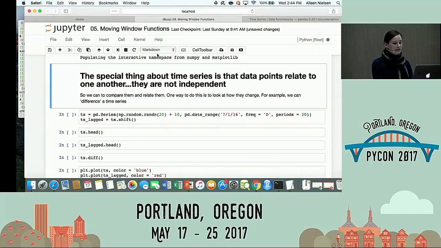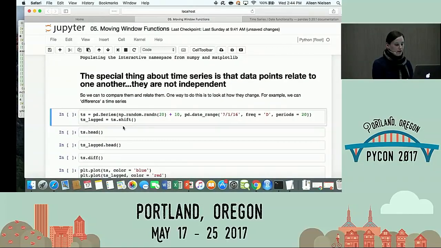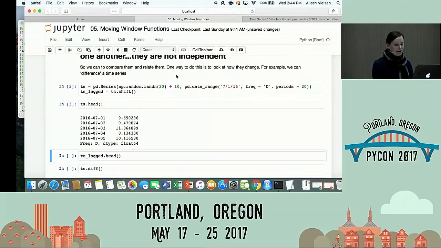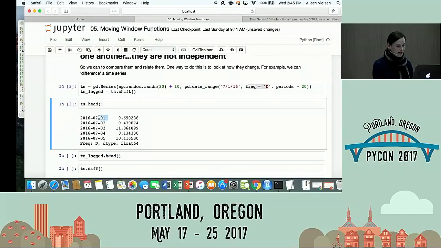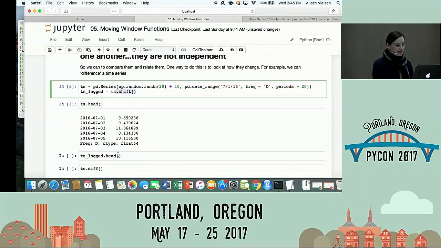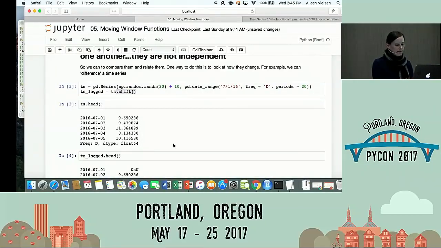First thing we want to do is learn how we can compute a lagged time series. So if we have a time series, we can just do the lag by making it ts.shift. And let's see what happens if we do that. So my first time series I set up as a daily frequency from July 1st, 2016. My lagged time series, I just did ts.shift. Let's see what that gives us.